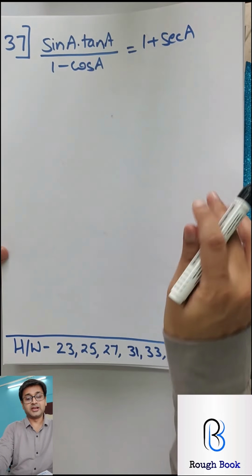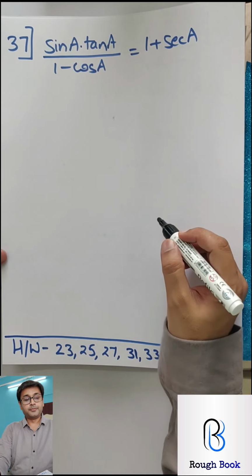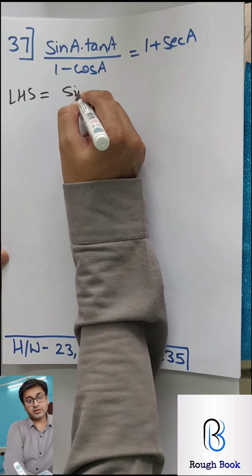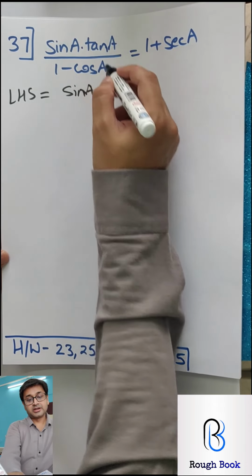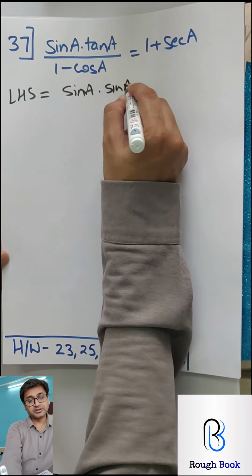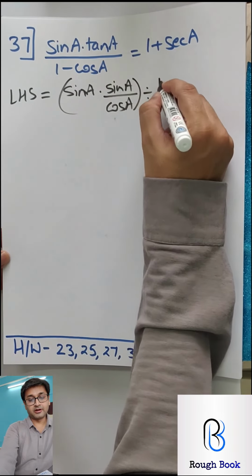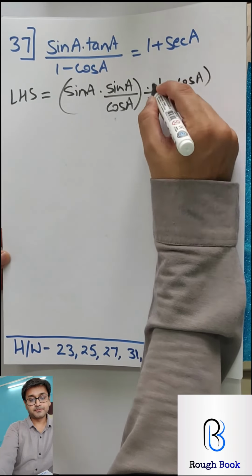Obviously you're going to begin with LHS and this is simple. So a good confidence booster. Come on, try it. So sin A, tan is sin upon cos and everything divided by 1 minus cos.